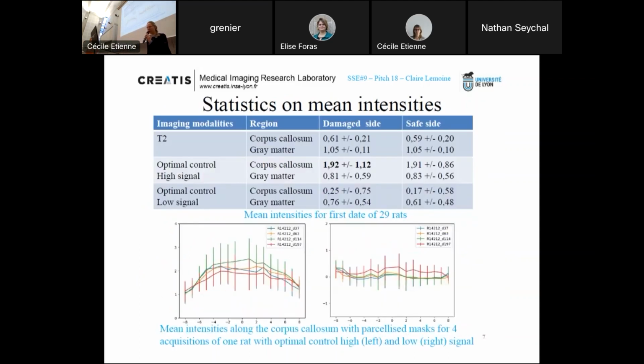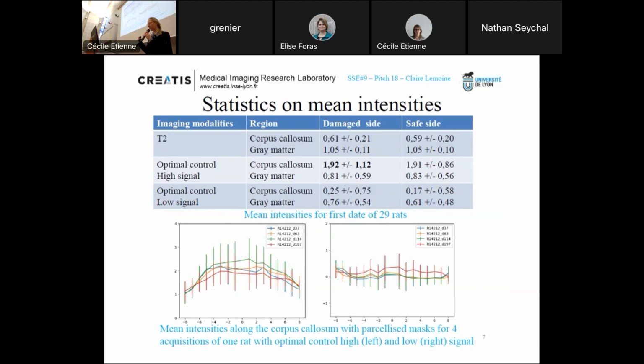So for the results, we plot intensities in the corpus callosum and in the gray matter around it. And we observe that in general, the intensities are higher in the damaged side of the corpus callosum than in the safe side.